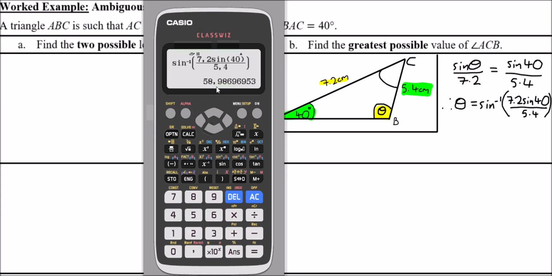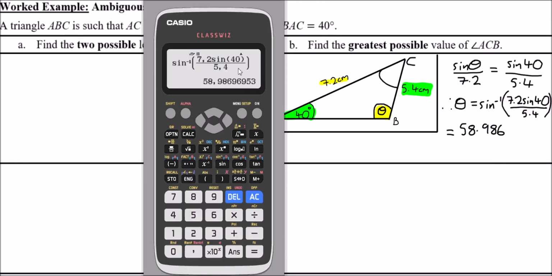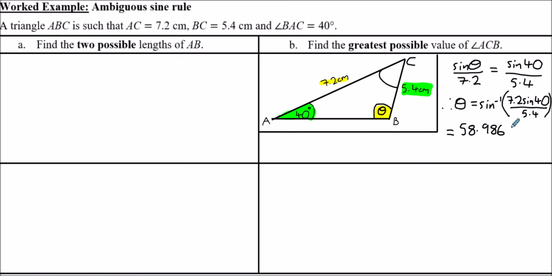So I'm going to write this as 58.98697. So that here is one option.